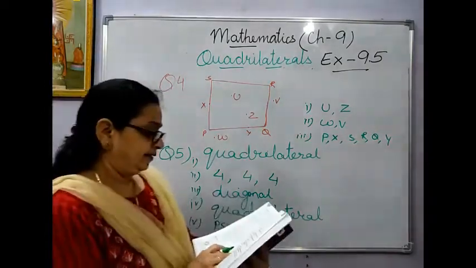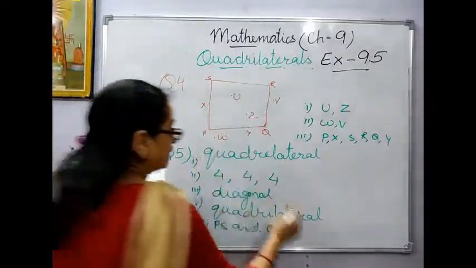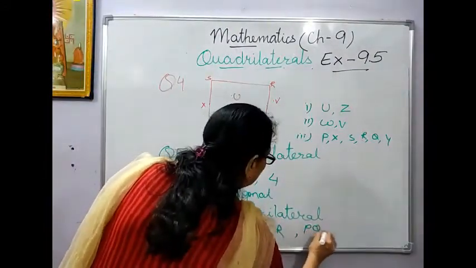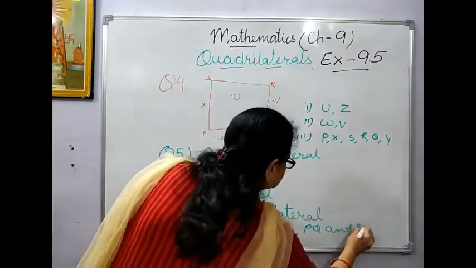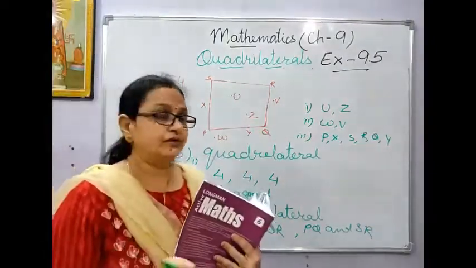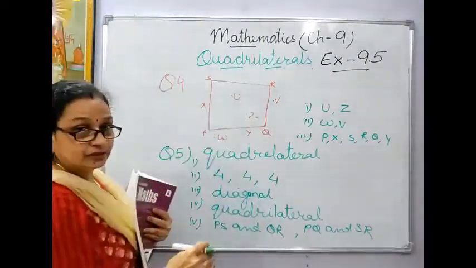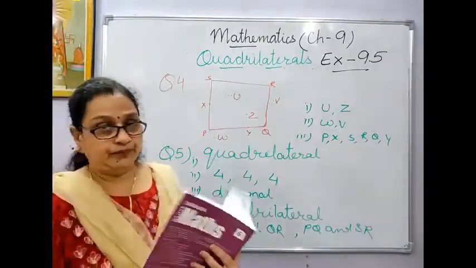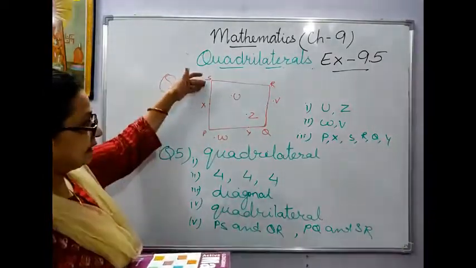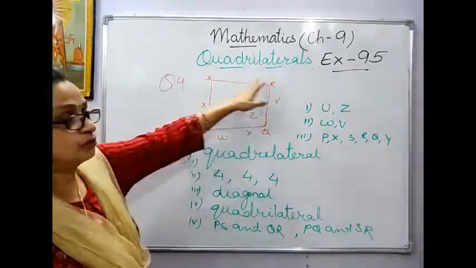Then you can also have PQ and SR. See children, there are 4 sides in a quadrilateral. This is opposite to this, then this is also opposite to this. So you have to write all the 4. Like this, PS is opposite to QR. Similarly, PQ is opposite to SR.